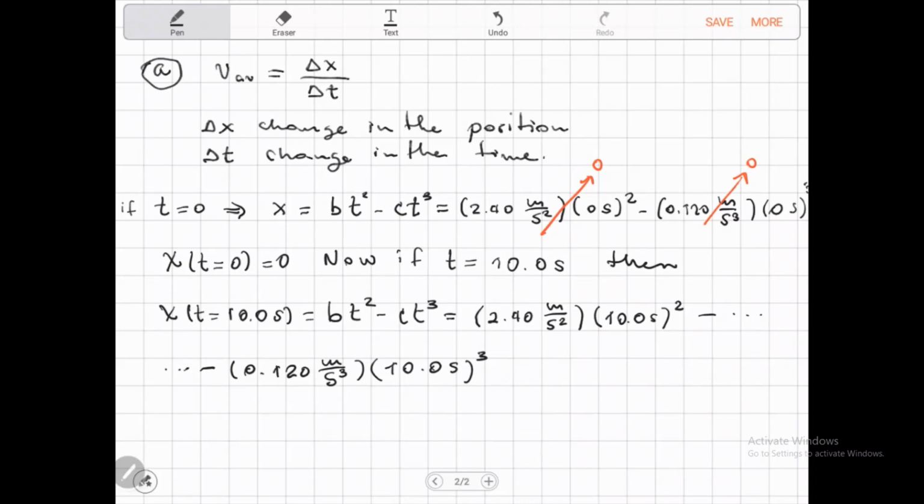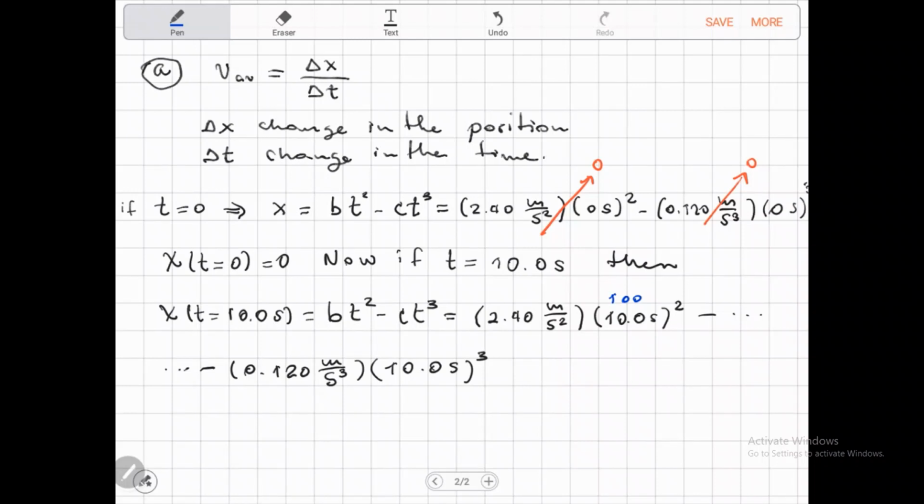Okay, this is gonna be easy. We have to be careful with the units. For example, here, if we multiply 10 to the second power, it's gonna be 100, because we applied the power to the number.